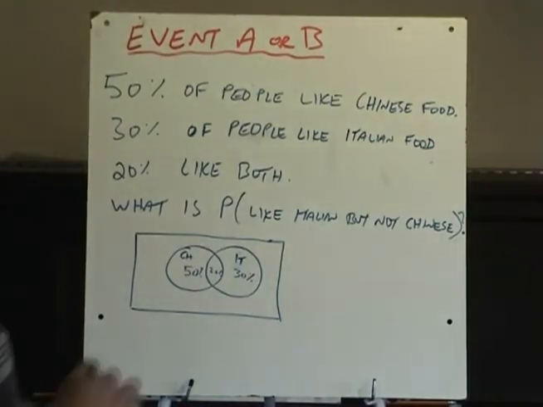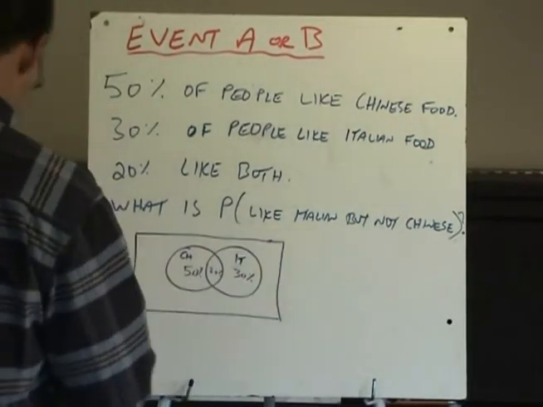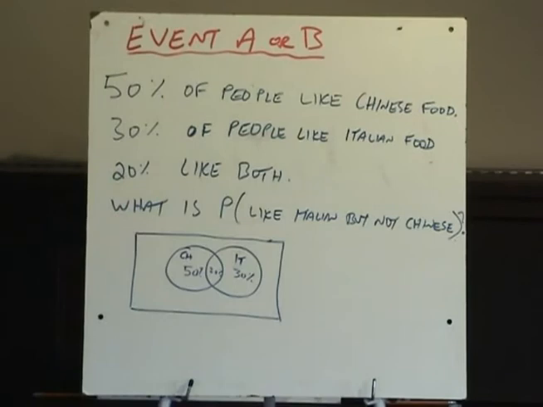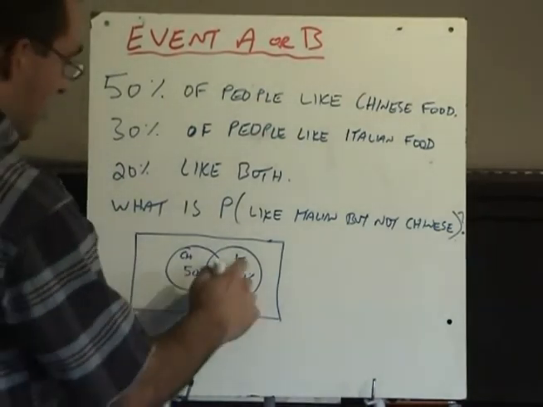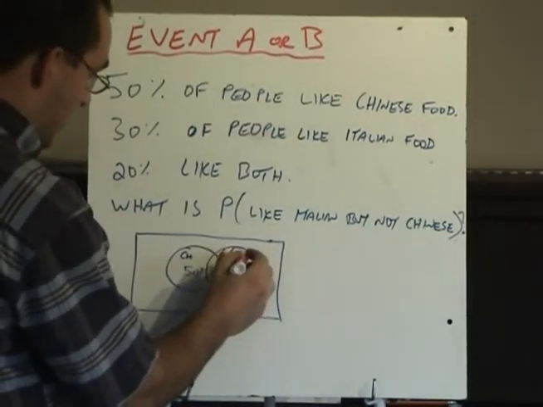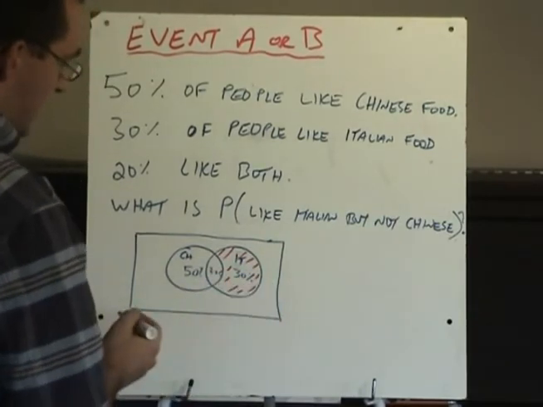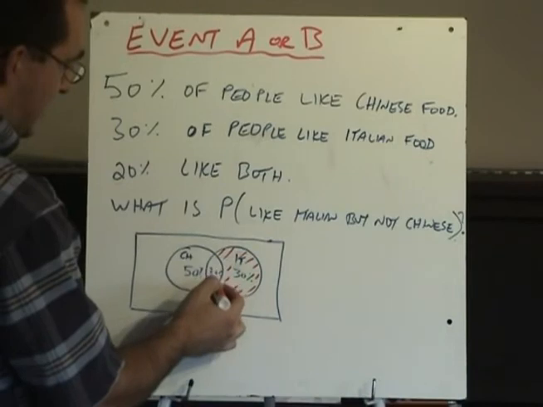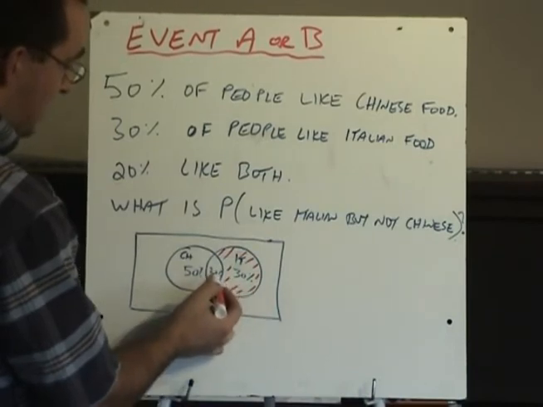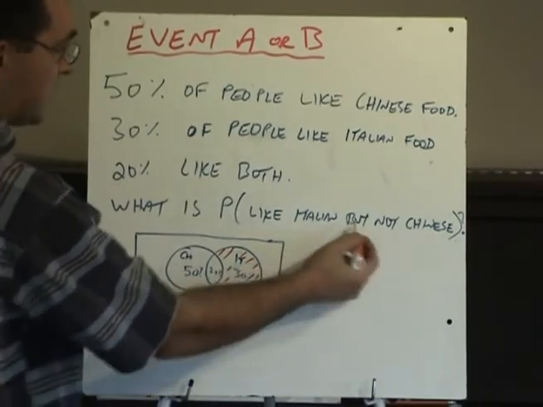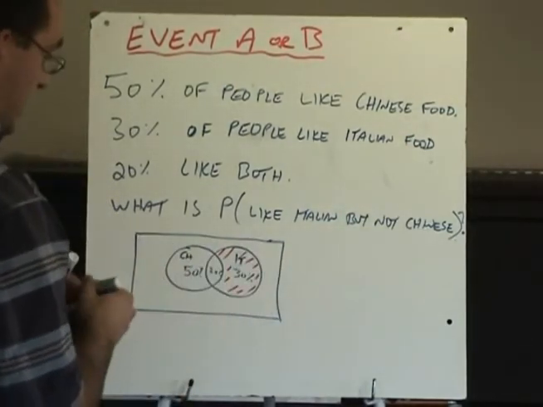So this question says, what is the probability that they like Italian but not Chinese? So I want this area right here. I want the people who are standing in the Italian circle, but not this part of the Italian circle, because if they're standing here, they're also in the Chinese, and these people are not supposed to like Chinese food.